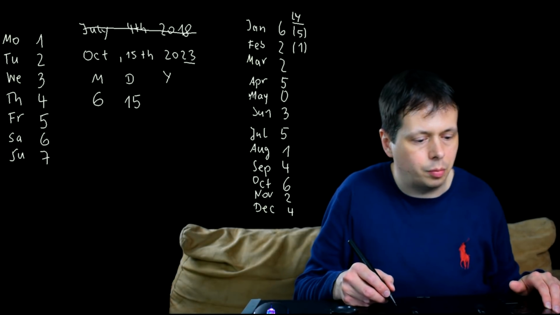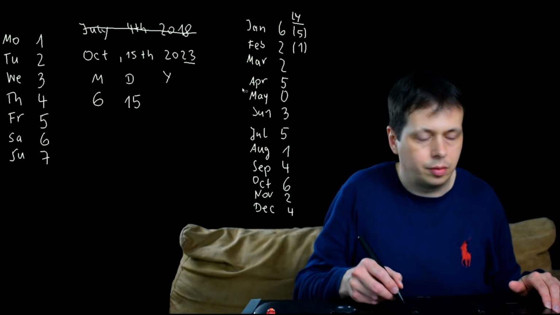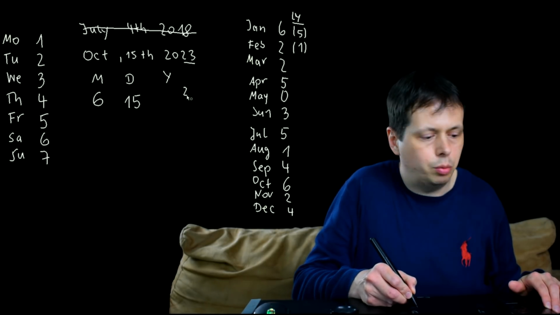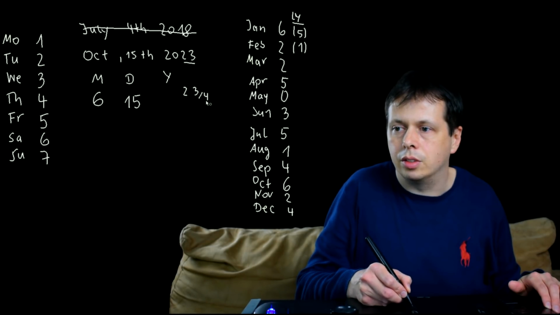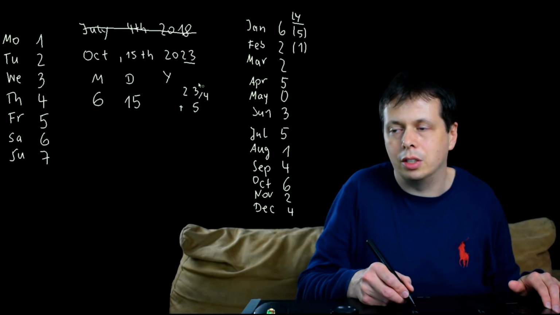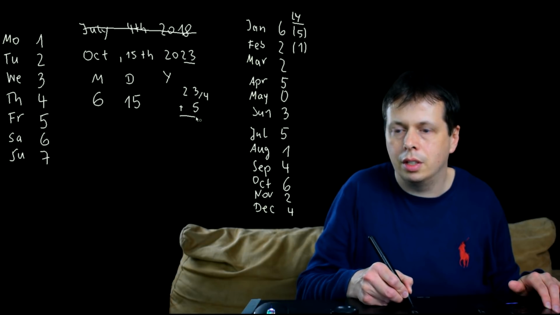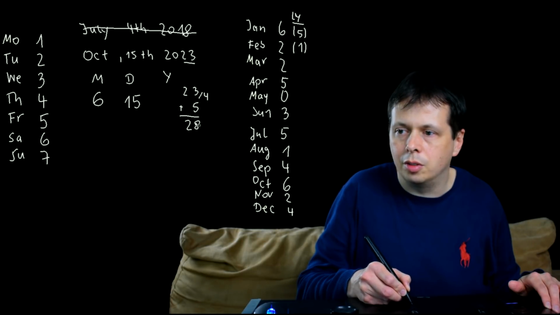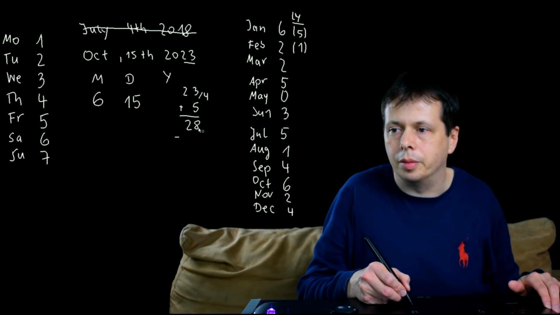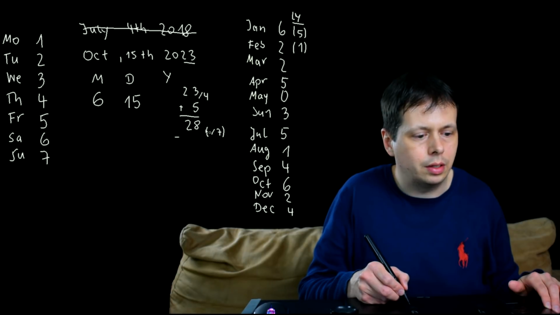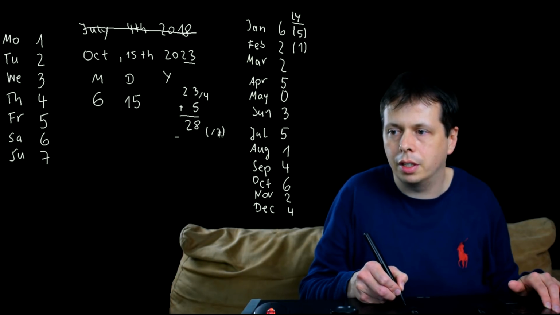So we have to take the 23 and divide by 4, and so we get 5, because 6 would be 24 and too high, so 5 is 20, and build the sum 28, and then we have to reduce by subtracting a multiple of 7 again.